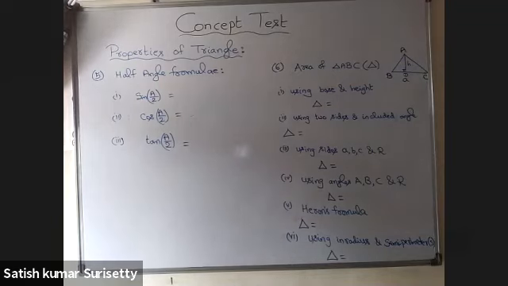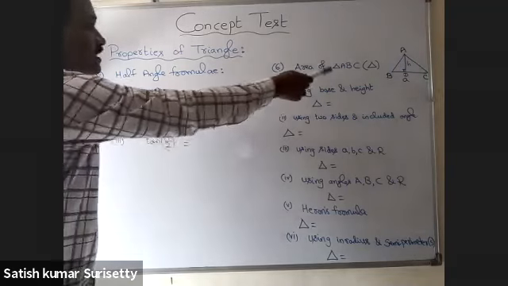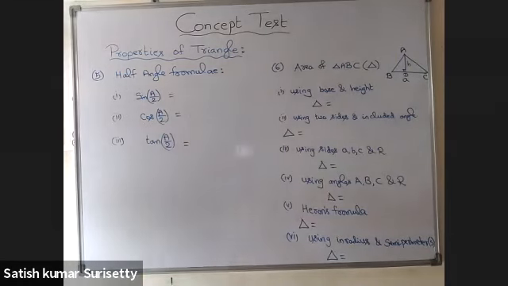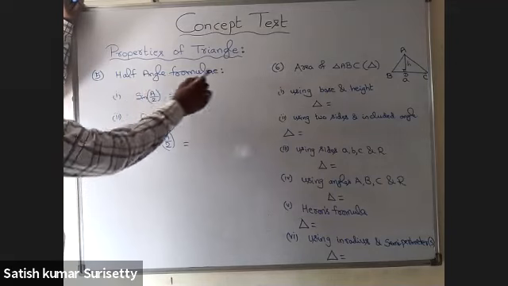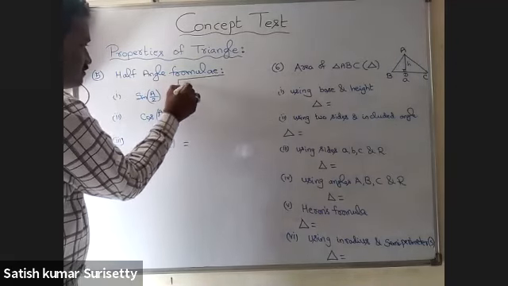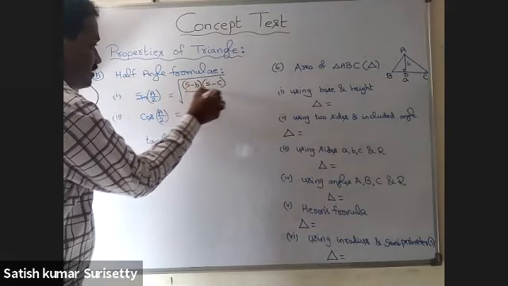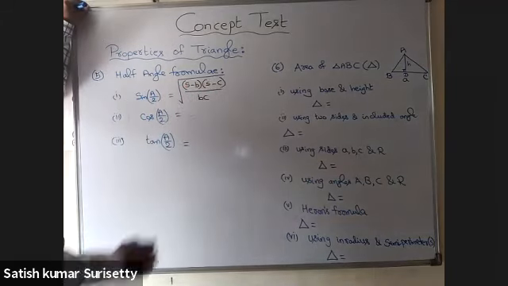Check a few more concepts relating to half angle formulae and area of triangle ABC under these conditions. Half angle formulae: sin A by 2 equal to square root of (s minus b) into (s minus c) upon bc, where s is the semi-perimeter of triangle ABC.